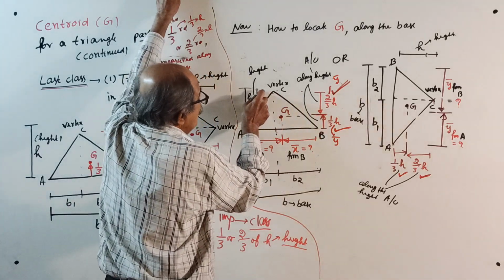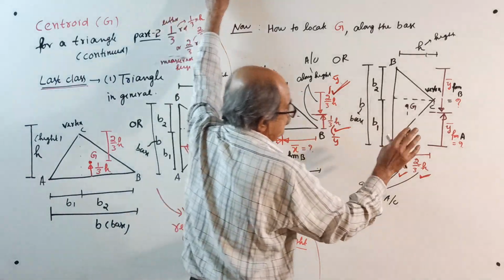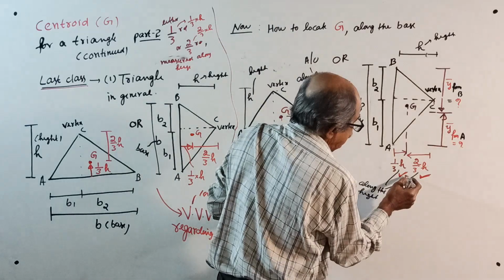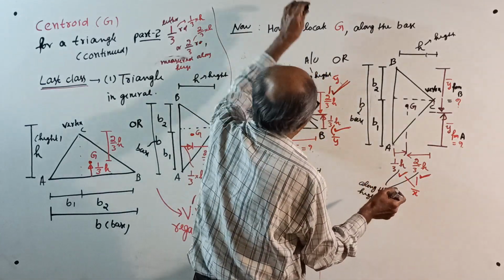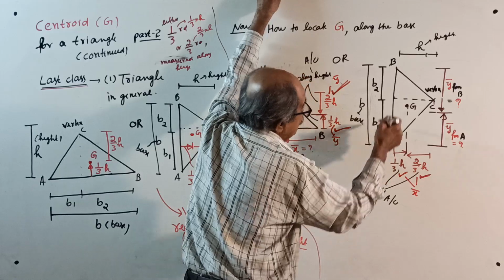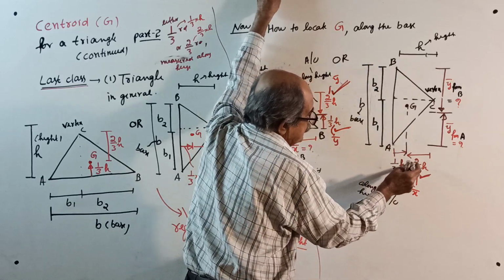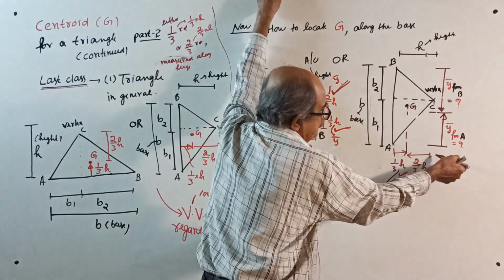Y bar from a horizontal line, if you draw here, from vertex. These two are X bars. You can write here: this is X bar from base, measured along the height. This is X bar from vertex, this way.